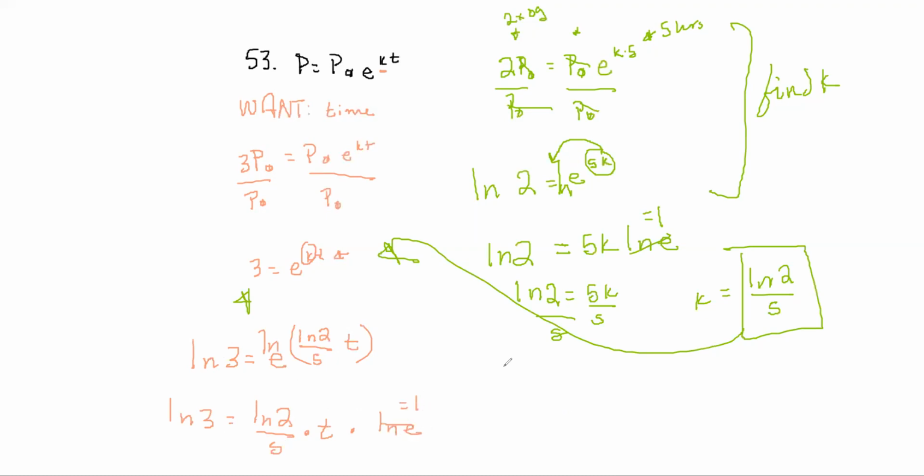So it's basically from here just a big old simplification game. Natural log of 3 is equal to ln 2 times t over 5. Don't accidentally end up with that t inside the natural log. Times 5 on both sides. 5 ln 3 is equal to t ln 2, divided by ln 2.